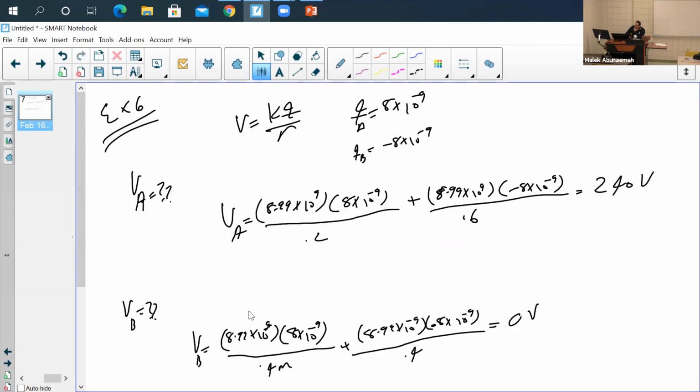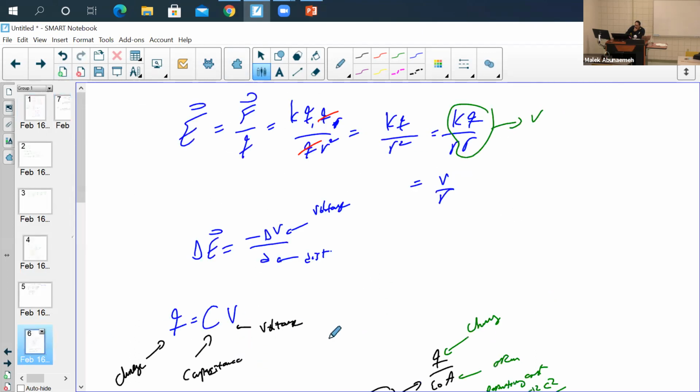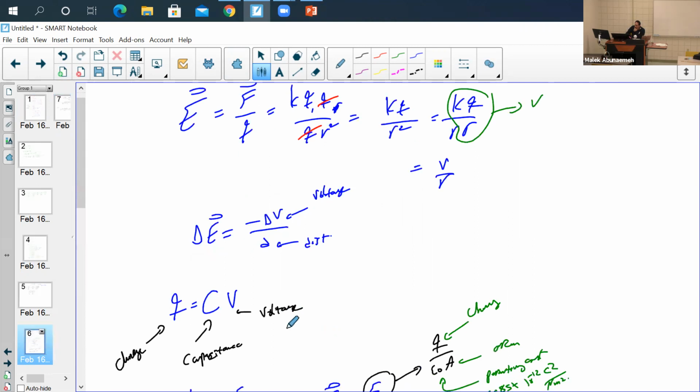I don't know if we wrote that down or not. So let me actually write this down. That means your capacitance is your charge per voltage, which is your coulomb per volt, which is your farads.